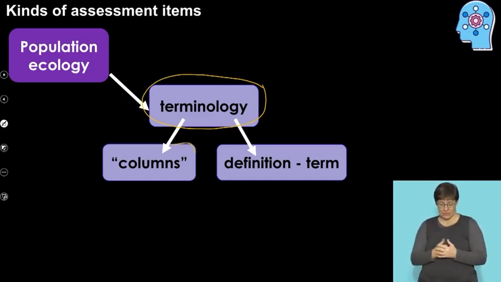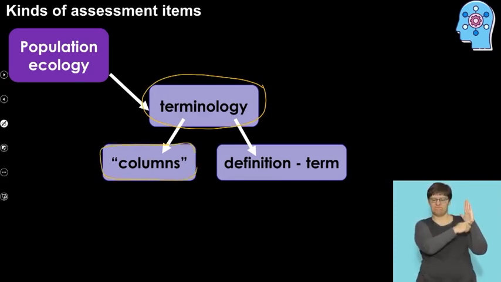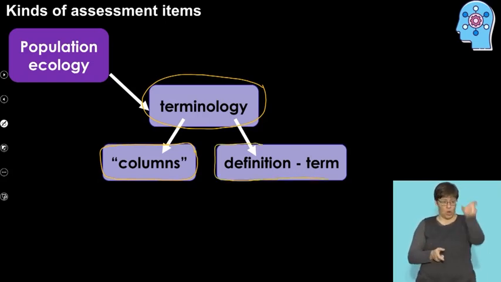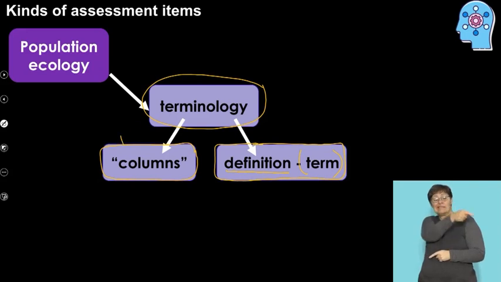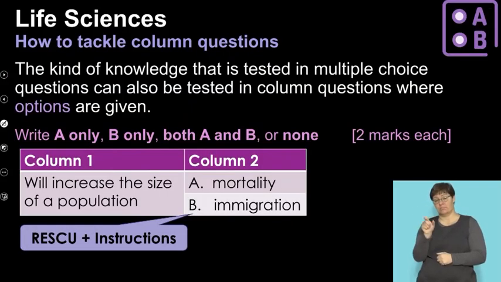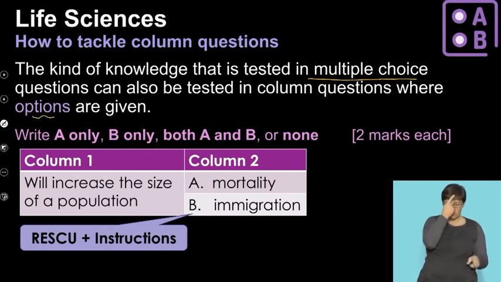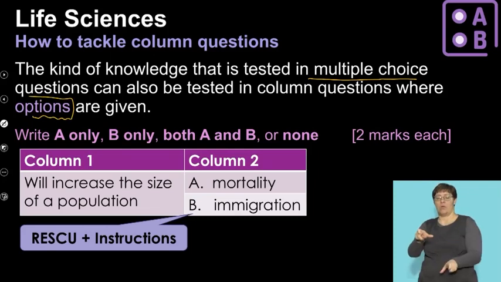Now, you'll find terminology, definitions, or vocabulary asked either as columns or as a simple definition where you must supply the term. Let's look at the columns first of all. How to tackle column questions. The same kind of knowledge that's tested in multiple choice can also be tested in columns, because we're looking at the idea of options.